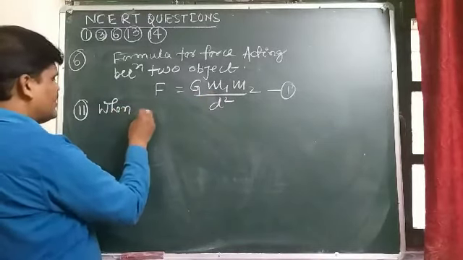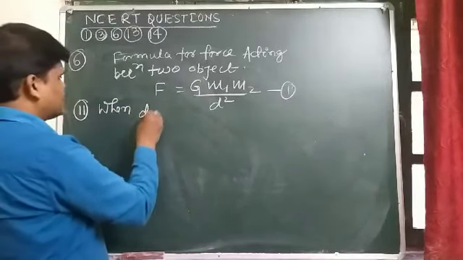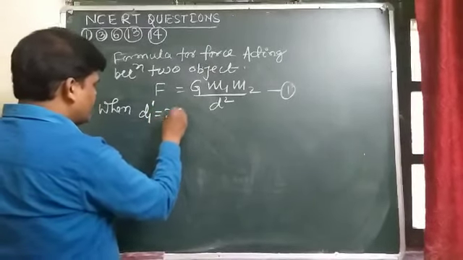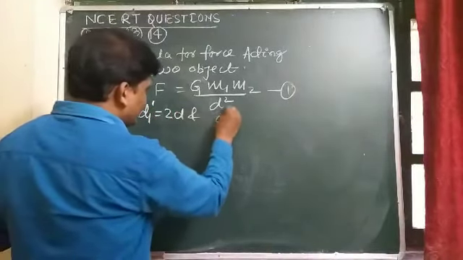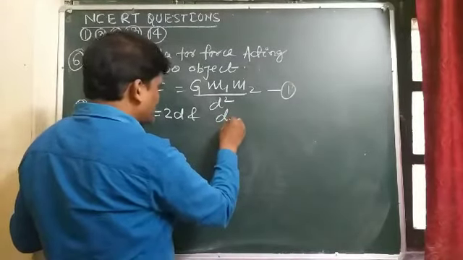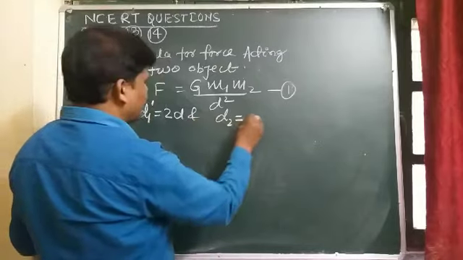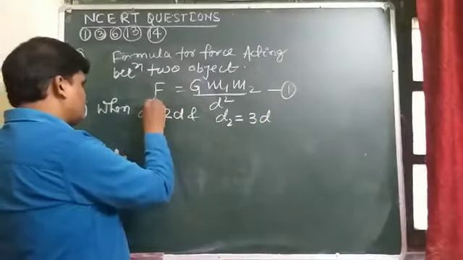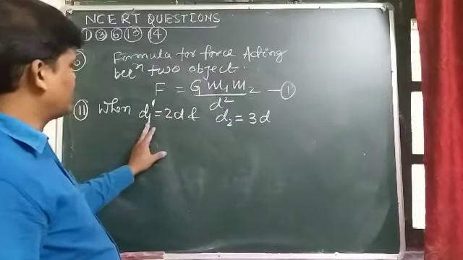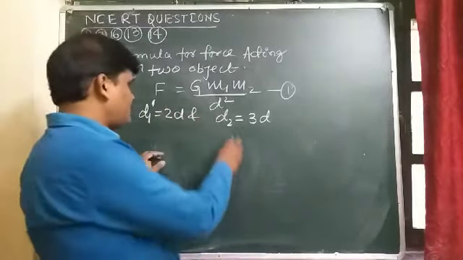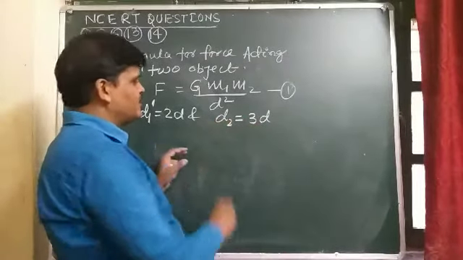First case, d1 dash is doubled, and d2 dash is tripled, 3d. According to the question, distance is 2 times the initial condition and 3 times the initial condition.